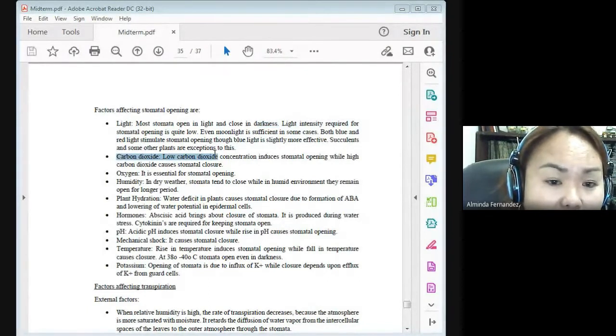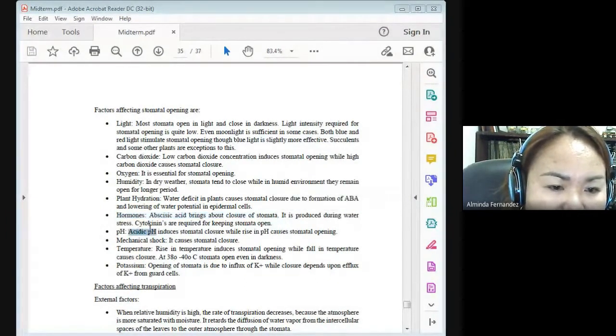So the low carbon dioxide concentration will open the stomata, and oxygen is very essential in stomatal opening. Humidity also, and plant hydration. Hormones, no, especially abscisic acid will close the stomata, and acidity. If it is acidic, it will induce closure, and mechanical shock will close the stomata.